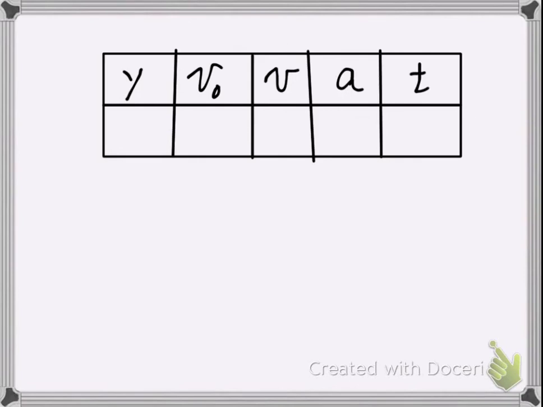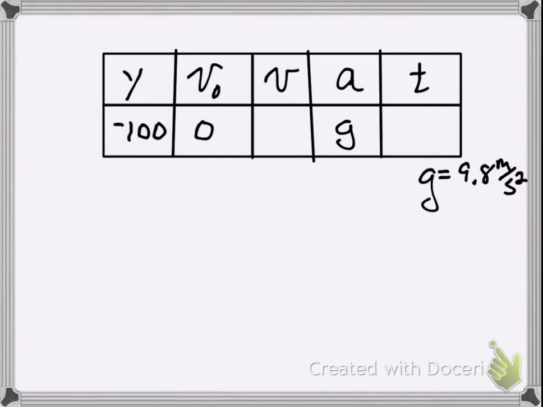Now we know that the distance it falls is 100 meters, so since it's falling, we're going to say that's negative 100. V sub 0, since it's starting from rest, is 0. And we happen to know that the acceleration is g, and g is 9.8 meters per second squared.